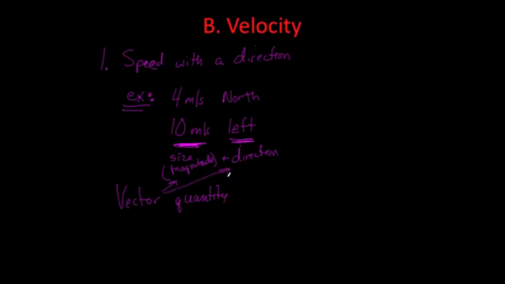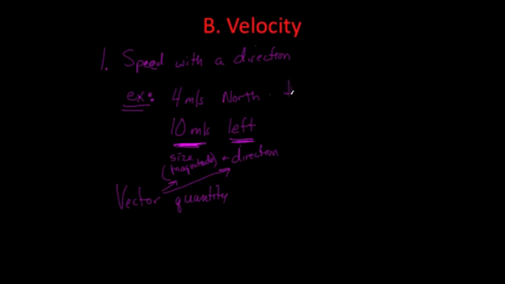Now, this is where it gets a little bit tricky, so you've got to pay attention. If you change the direction, you change your velocity. For instance, if this person is traveling 4 meters per second north and they make a left, they'll be traveling west, and their velocity will have changed, but their speed will remain the same.